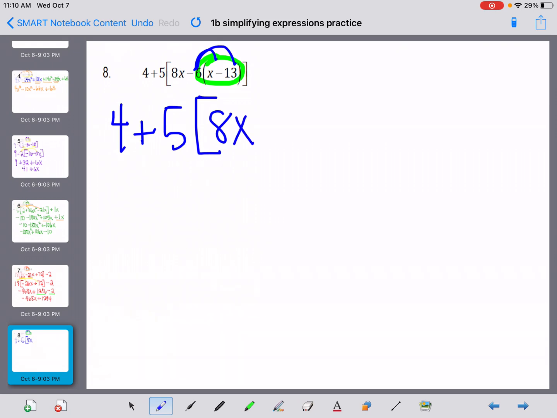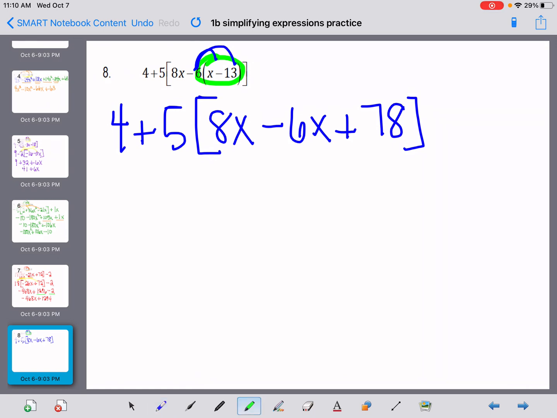Negative 6 times x, negative 6x. Negative 6 times negative 13 is 78. Never hesitate to use Desmos or a calculator to get that. You don't want to miss a problem on the state test because you multiplied wrong.